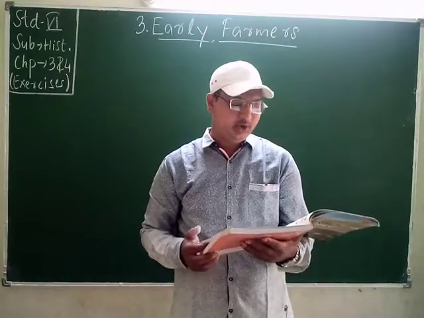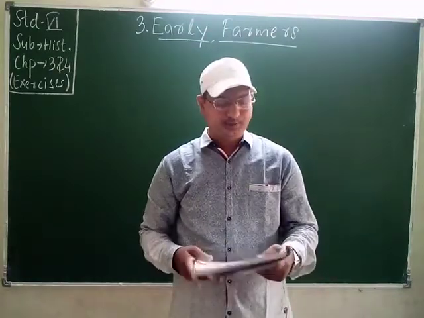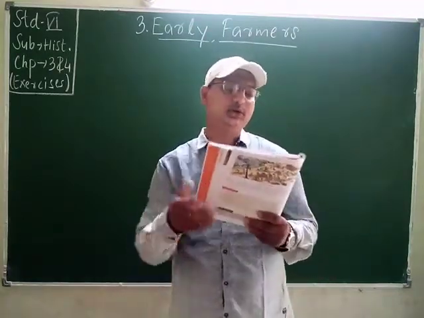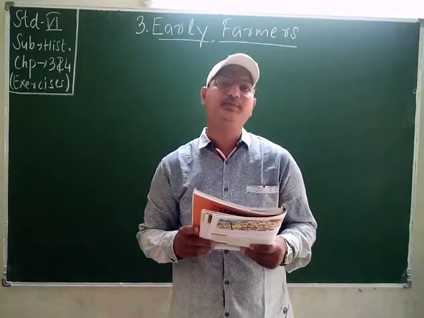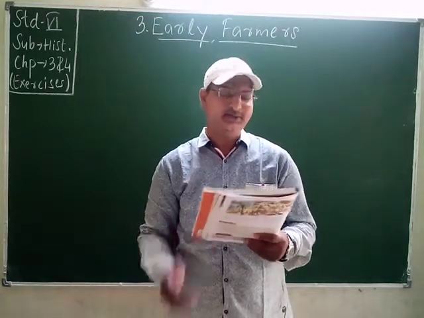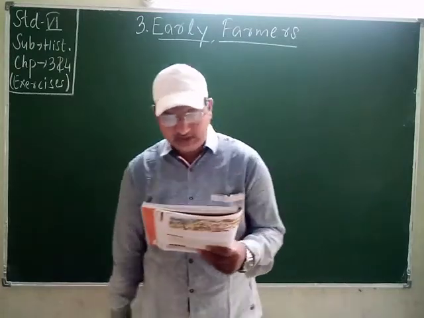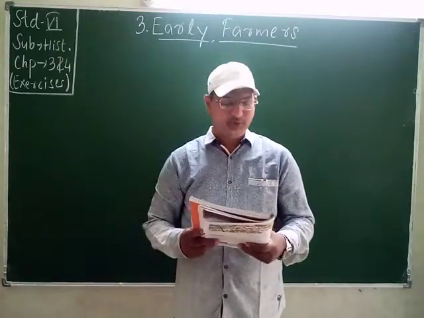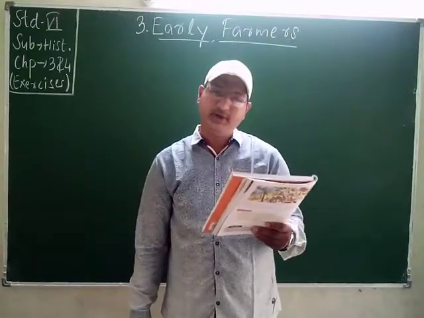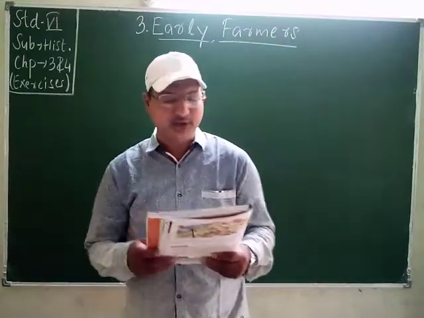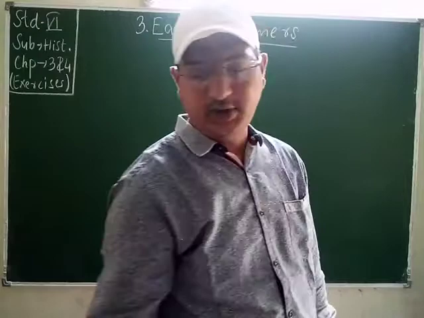Section number A. The first question is, students, which discovery made it necessary for early humans to settle down in one place? Students, first question I will repeat it again. Which discovery made it necessary for early humans to settle down in one place?